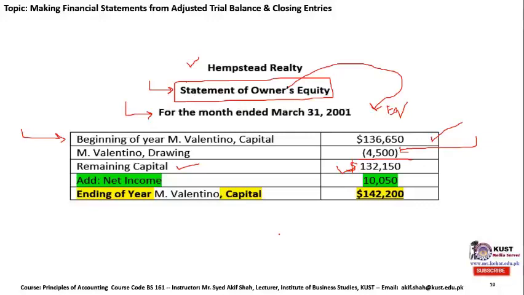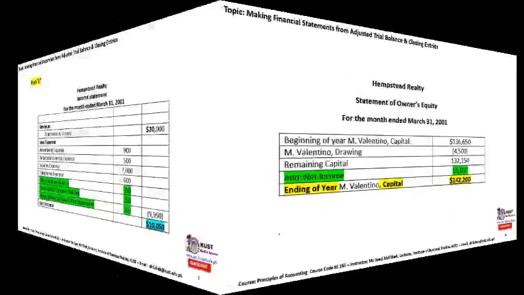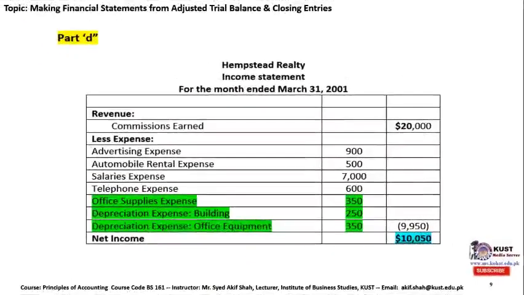The final step for you to complete the statement of owner equity is to add up the net profit or the net loss the company has realized in this particular span of time. So you have to go back to your previous step in your income statement to find out whether the company has earned certain profit or has incurred certain loss in that particular time period.